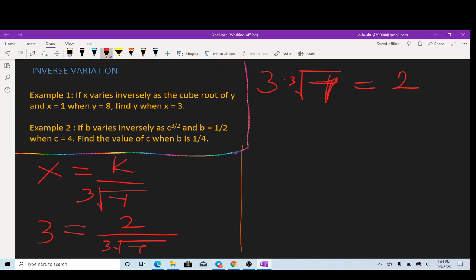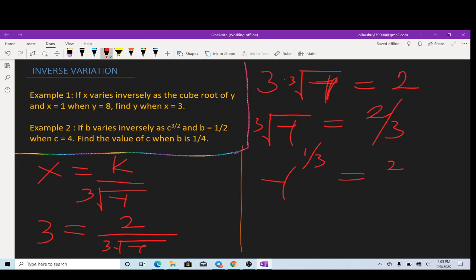Dividing both sides by 3, the cube root of y is equal to 2 upon 3. Don't forget what cube root means. Cube root means y raised to power 1 over 3.